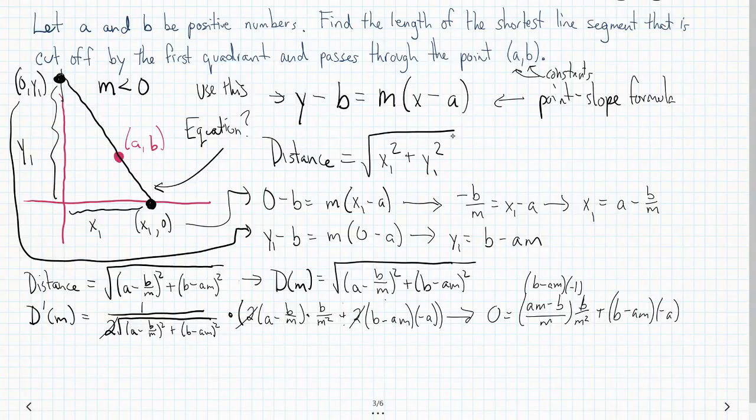And so that's going to be useful in terms of how we can rewrite this thing in a second here. I'll rewrite it over on this part. So we can write this as b minus am times, now we can move that other m in the denominator with the negative 1 in the b, so you get negative b over m cubed. So notice all we're doing actually right now is just algebra. And then the other part, we have b minus am times negative a.